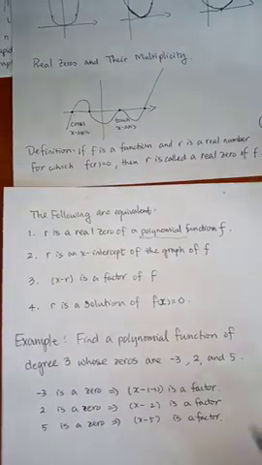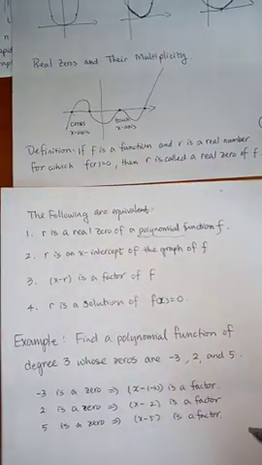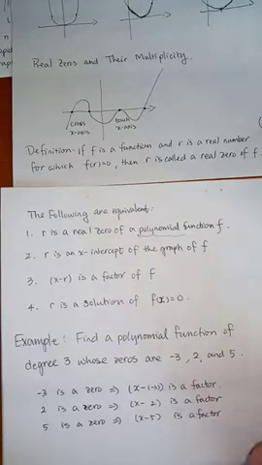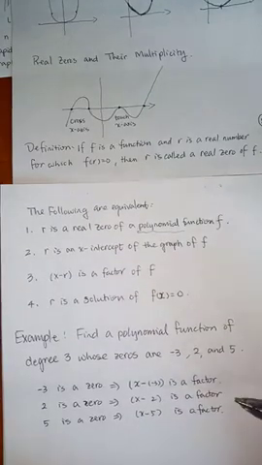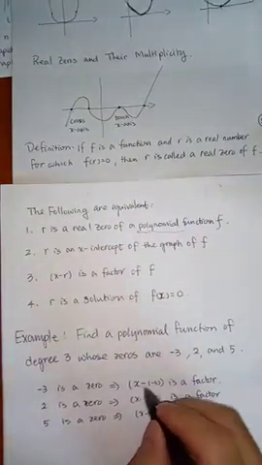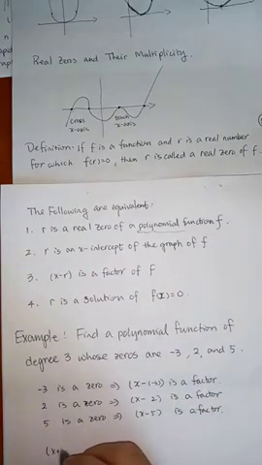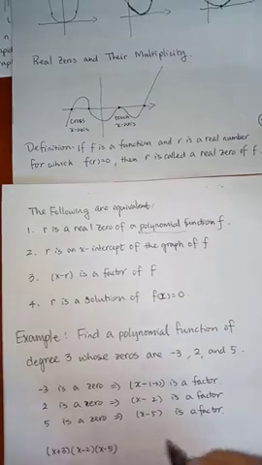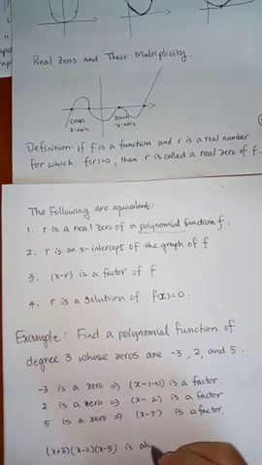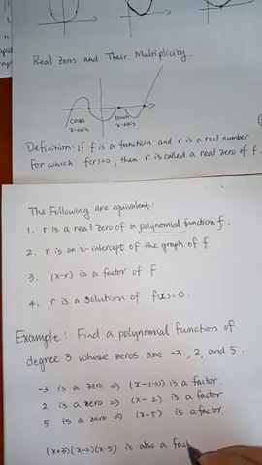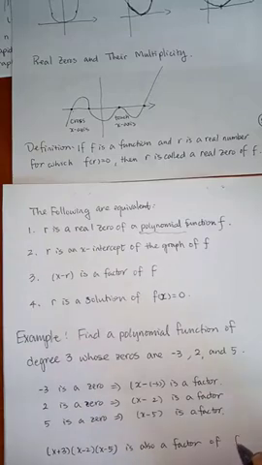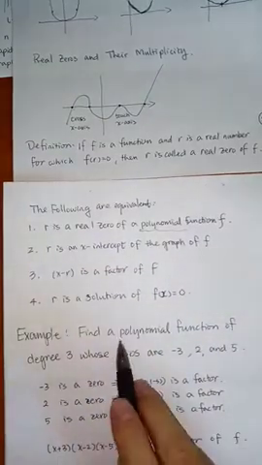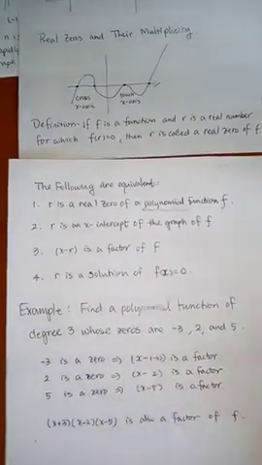Okay, so for each zero, you will have a different factor. Those factors are mutually exclusive. So what we get is x minus -3, so x plus 3, times x minus 2, times x minus 5, is a factor of f. We are looking for the polynomial function f.